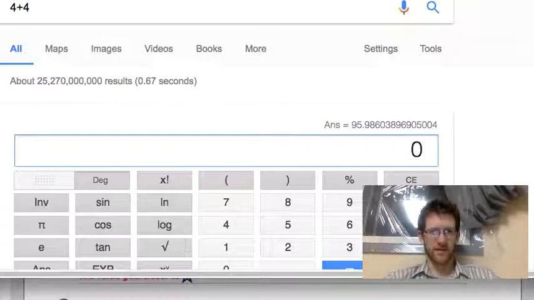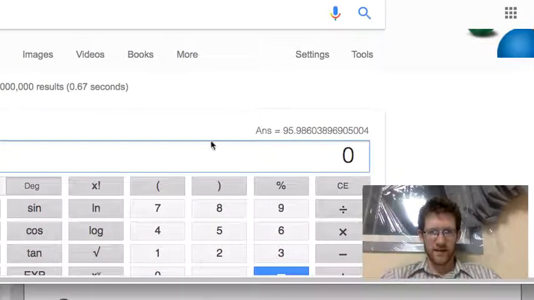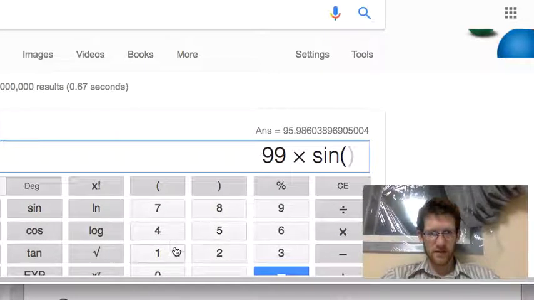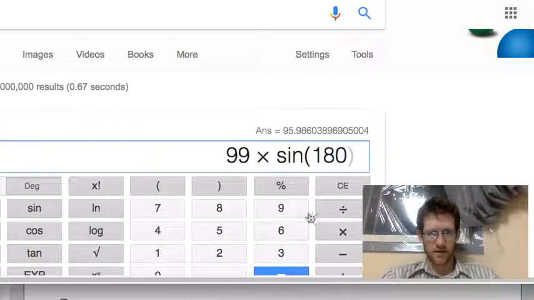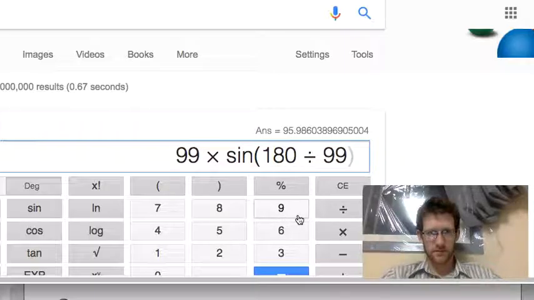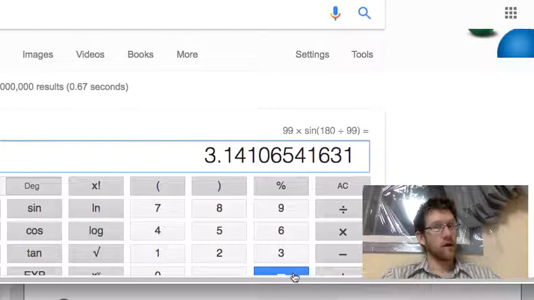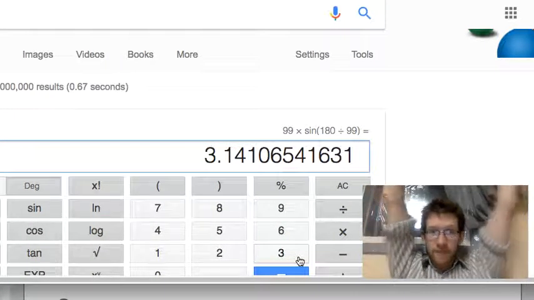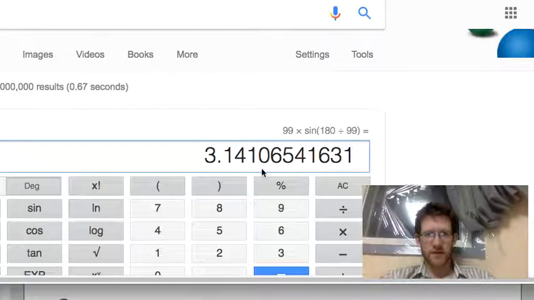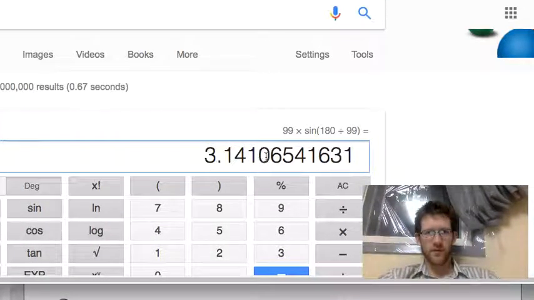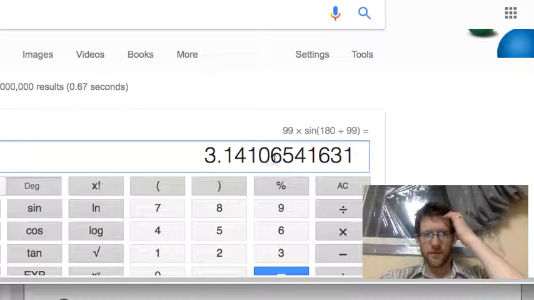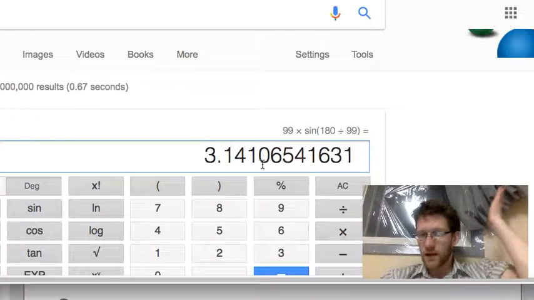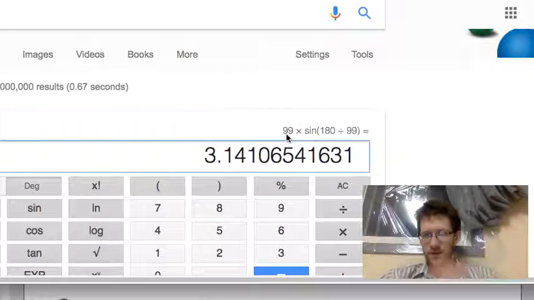Okay, well, let's try that one again. 99 times the sine of 180 divided by 99. And that gives us 3.14. Ta-da! The other digits are wrong. 3.14 should be 15 something. So it's not super accurate, right? But we only went up to 100.